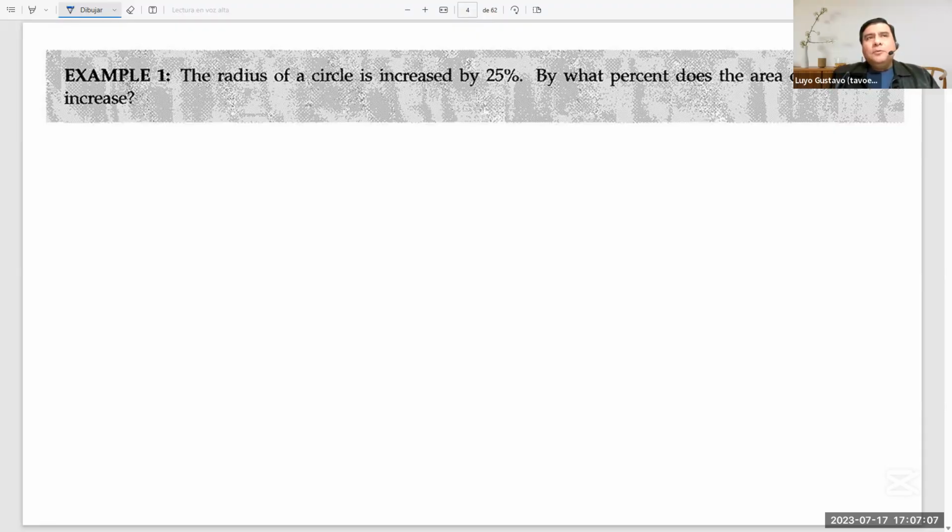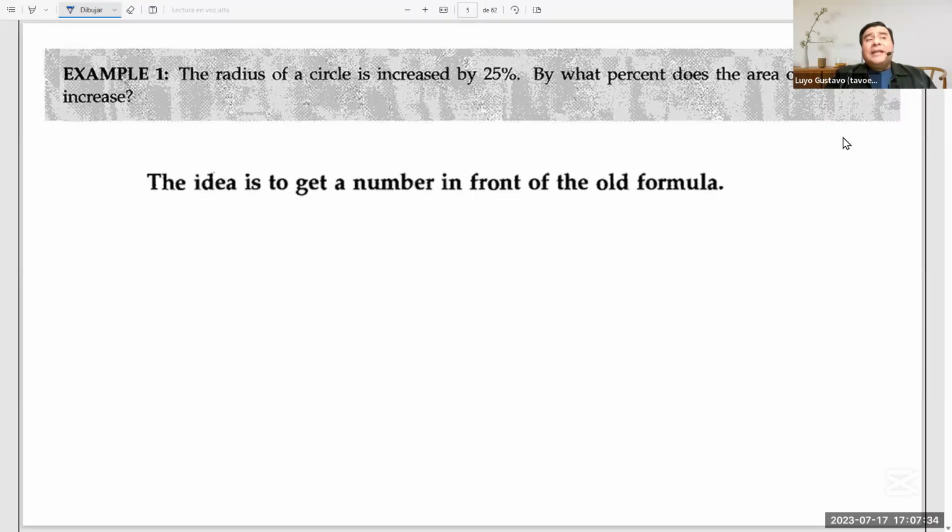What percent would the area increase if the radius is increased by 25%? Well, this assumes that you all know the formula for the area of a circle. I think that everybody knows that. Let's see how to do this.